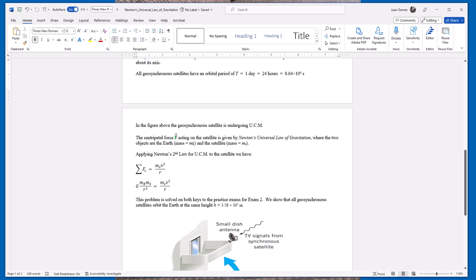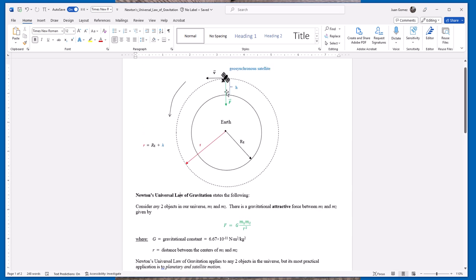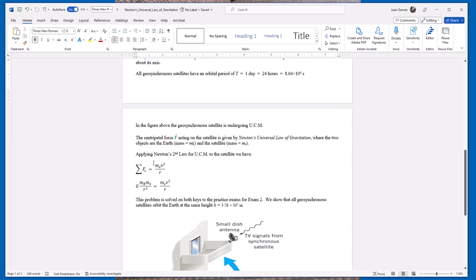So here, the centripetal force acting on the satellite, as indicated right here in the figure, the green F. Let me step back. We know that that force is going to be given by the Universal Law of Gravitation, where the objects are me for the mass of the Earth, ms for the mass of the satellite.